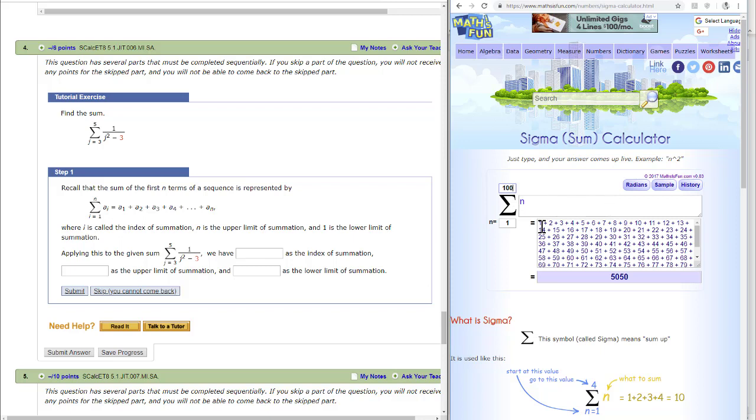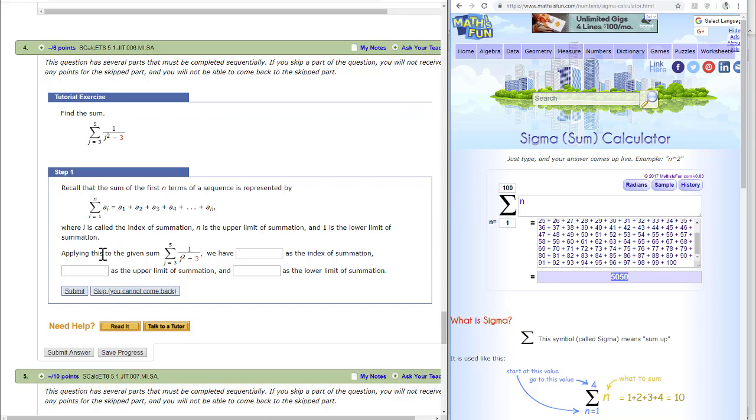He had a way of adding up all these numbers from 1 to 100, and he got the correct result in just a few minutes. Anyways, you can Google Euler, that's E-U-L-E-R, and the sum of the numbers from 1 to 100, and see what kind of story you get out of that.